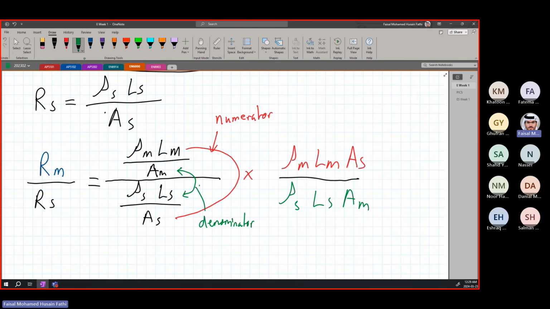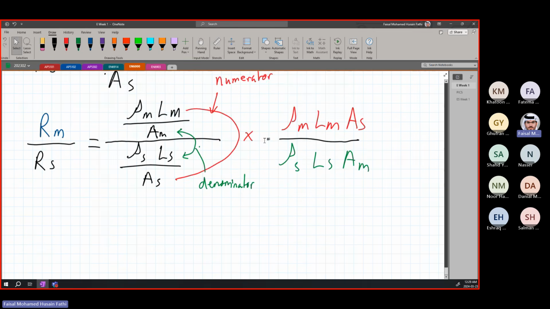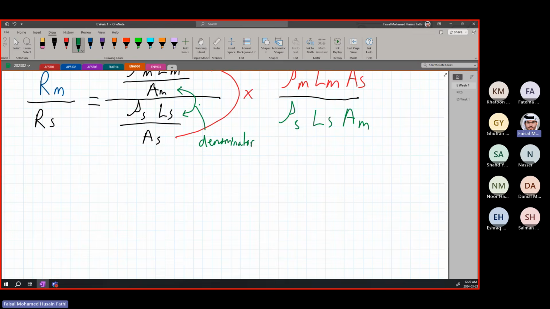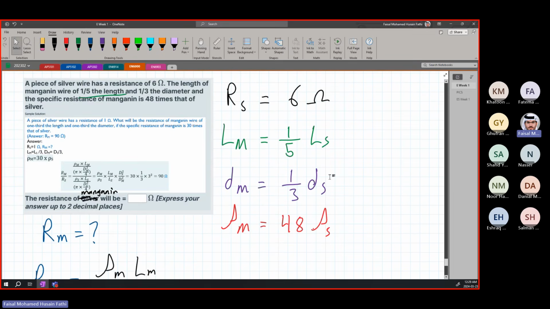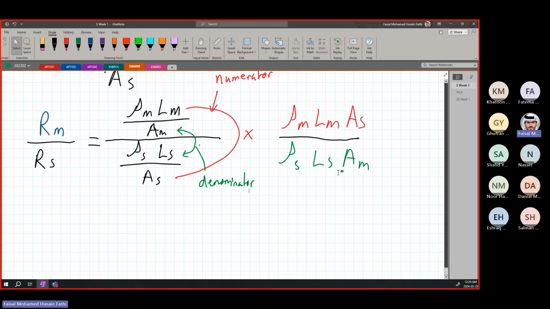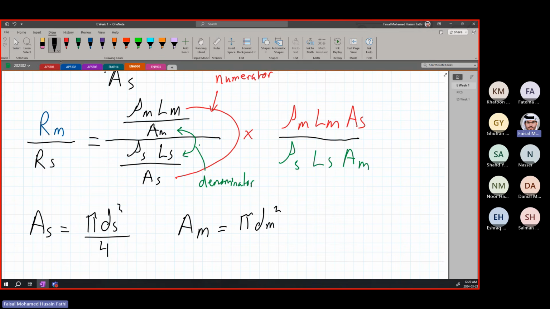So that's it. We already have these relations where we're going to substitute now, and you're going to see how it's going to work. But we have one thing. Here we are given areas. Here we are given the diameters. So let's do one extra step. We know that As is equal to pi ds squared over 4. And we know that Am is equal to pi dm squared over 4.